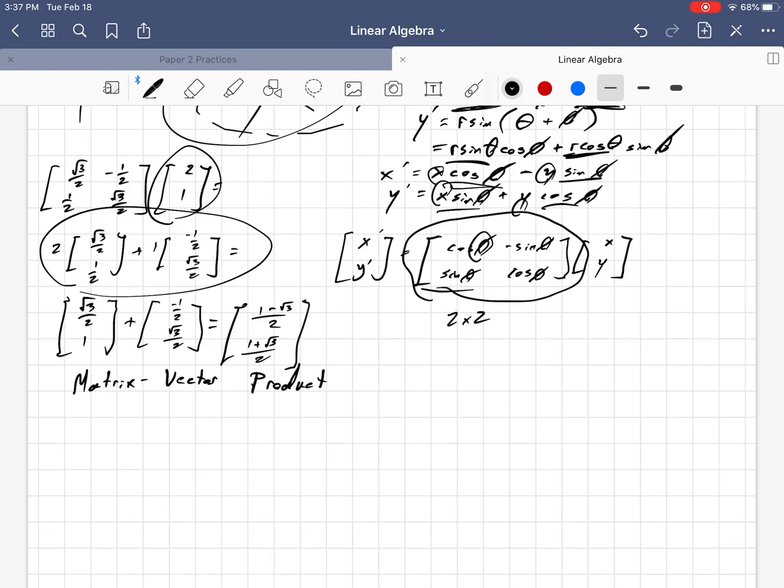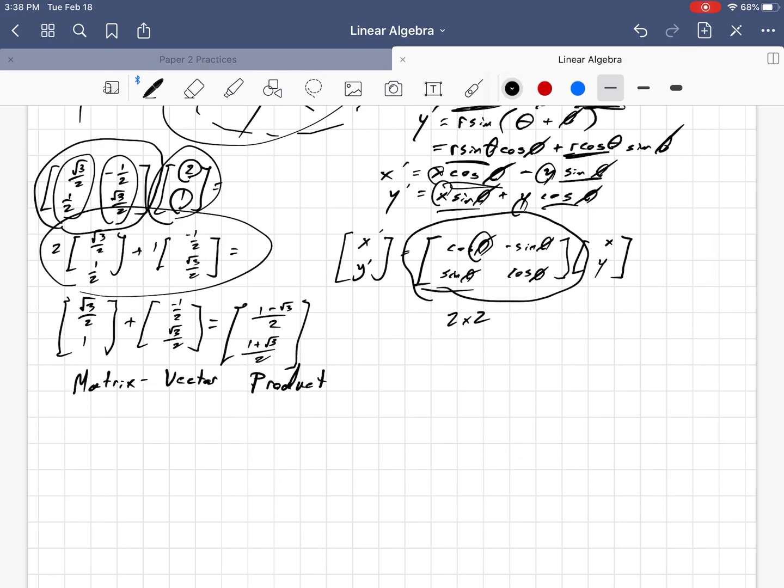And so the matrix vector product is the linear combination of the columns of this original matrix, so this and this, with the coefficients of the vector, so this and this.